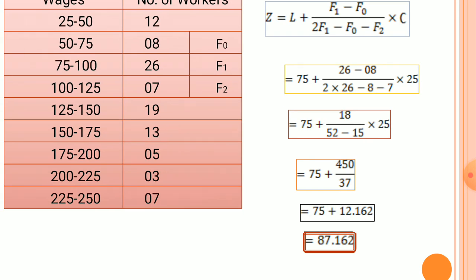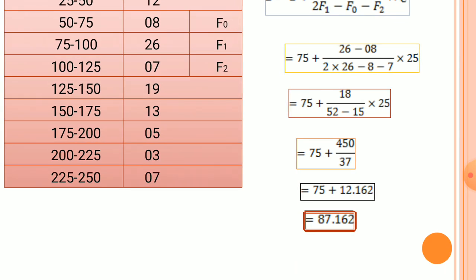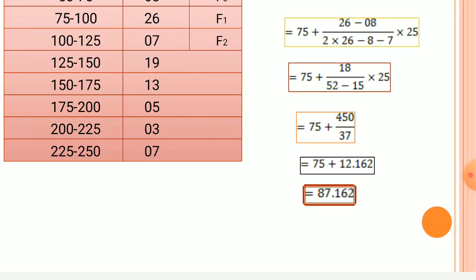Substituting the values and simplifying: 75 plus 18 divided by (52 minus 15) into 25. Then 75 plus 18 into 25, 450, divided by 52 minus 15, 37. So 75 plus 450 divided by 37.